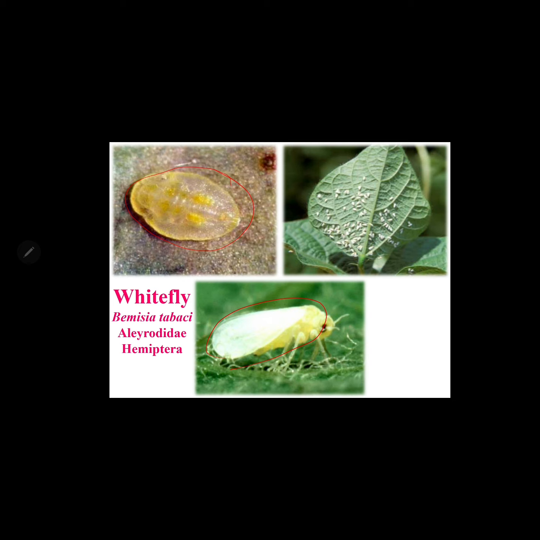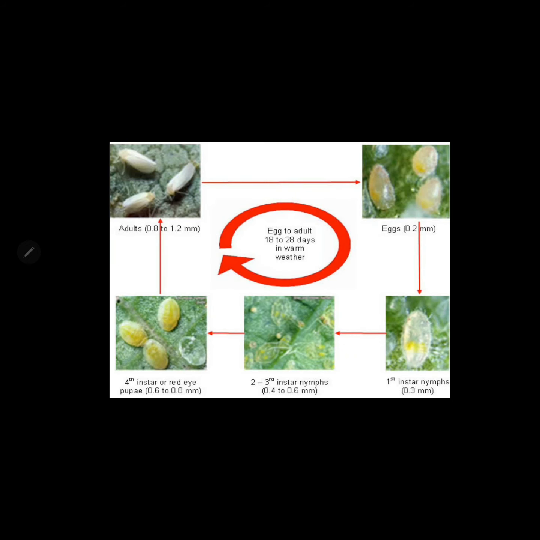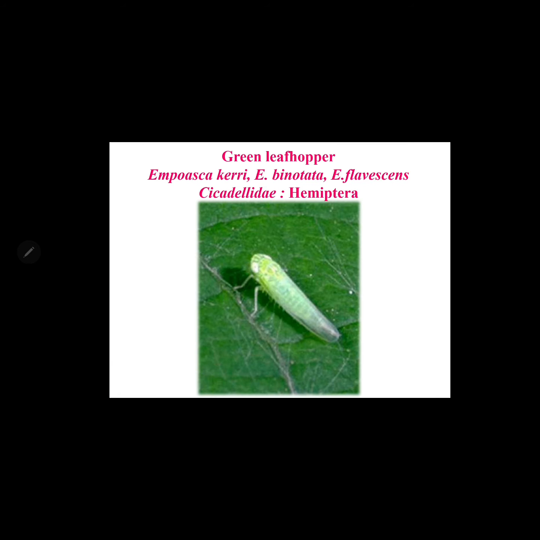This pest can be controlled with acetamiprid at the rate of 0.5 gram per liter of water. In its life cycle, it passes through a pseudopupa stage.